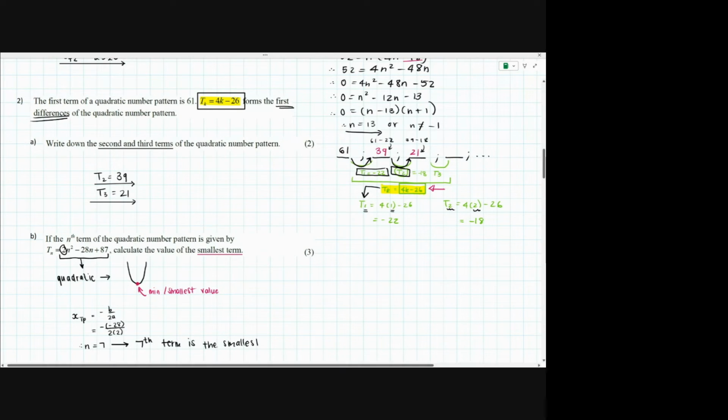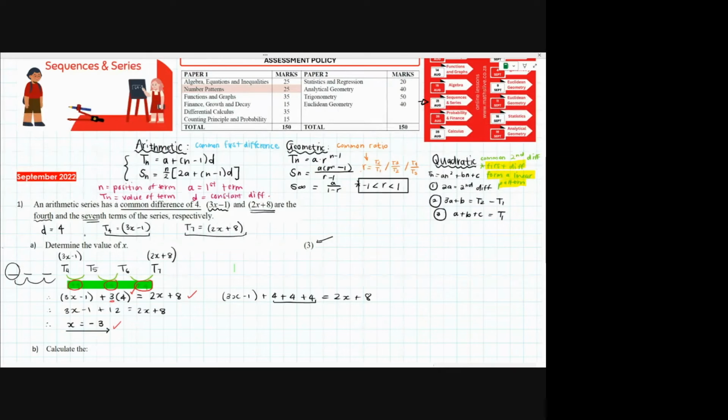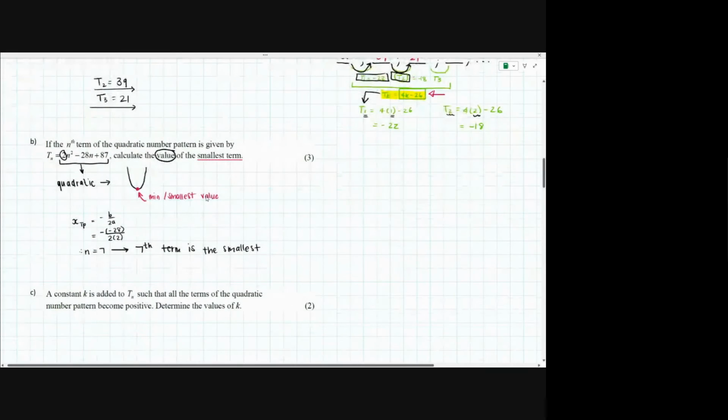So this tells me that the 7th term is the smallest. Now the question said, determine the value of the smallest term. Remember, Tn is the value of your term. So we need to substitute this value of n into my Tn formula. Tn is equal to 2n squared minus 28n plus 87.